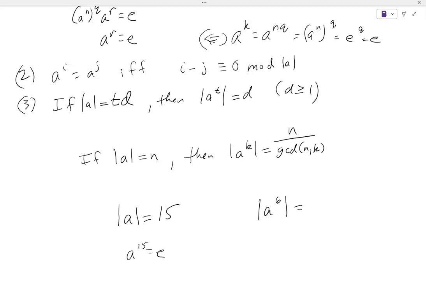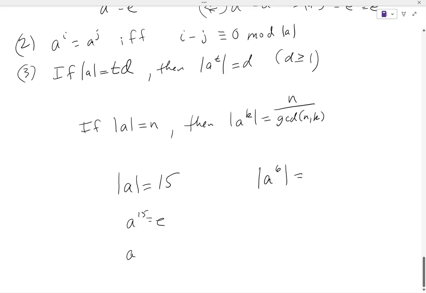Agreed? Notice that when I break this up in this fashion, I have A cubed raised to the 5th power, still the identity, correct? So notice that if something has a 3 in it in my power, and I raise it to a 5th power, I'm going to get a 15 in it, which will send it back to the identity, right?